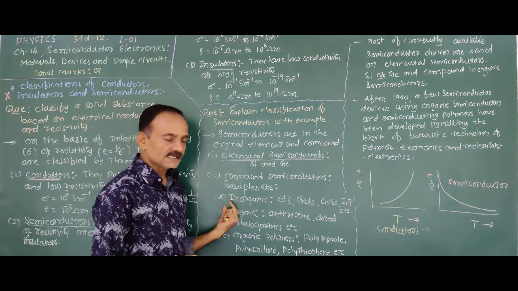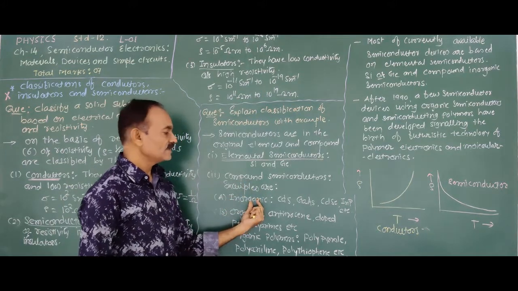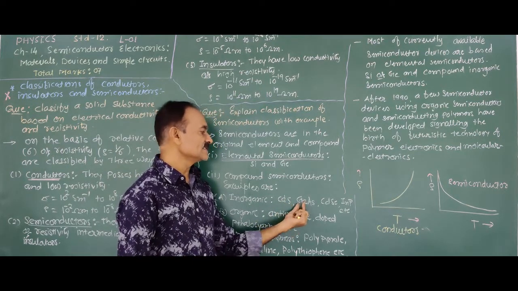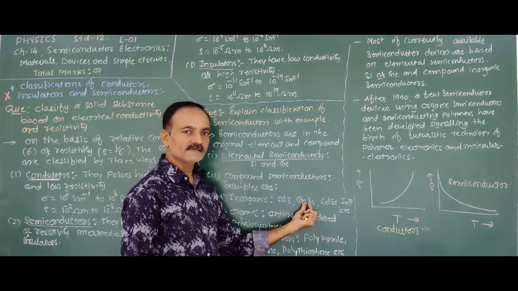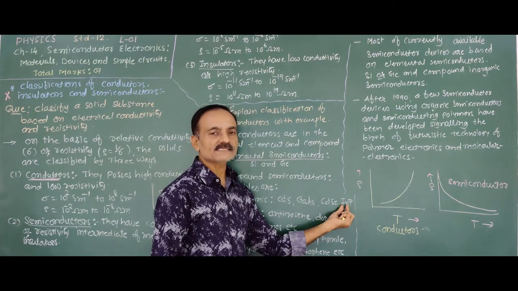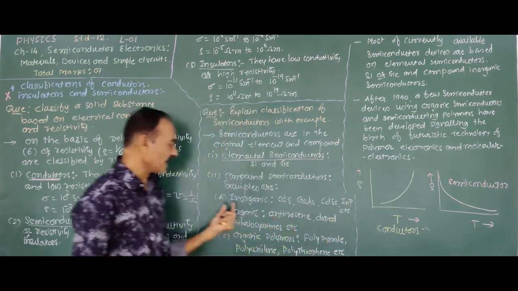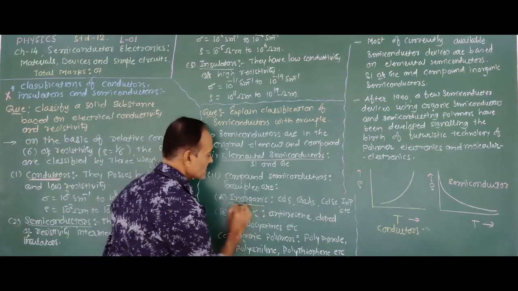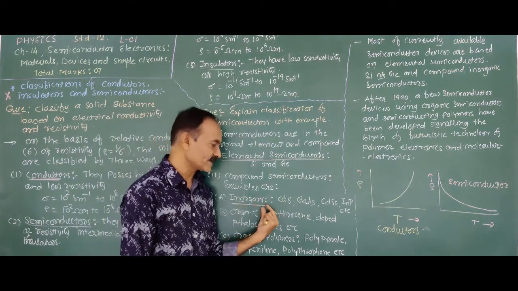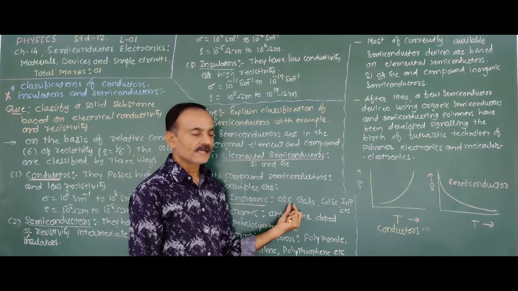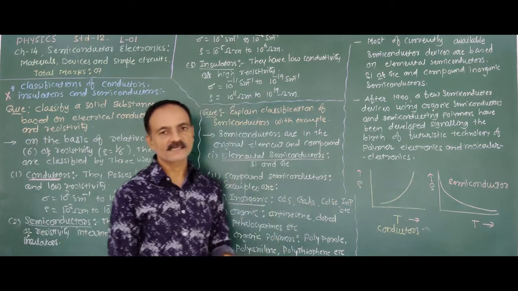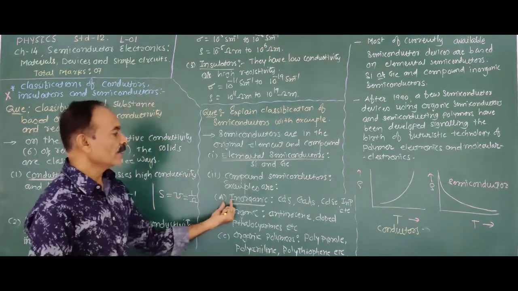The inorganic semiconductors are cadmium sulfide, CdS, gallium arsenide, GaAs, cadmium selenide, CdSe, and InP, that means indium phosphide, etc. Keep in mind the values of inorganic semiconductors.